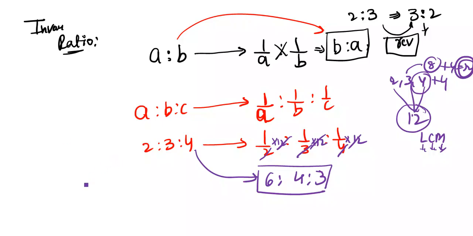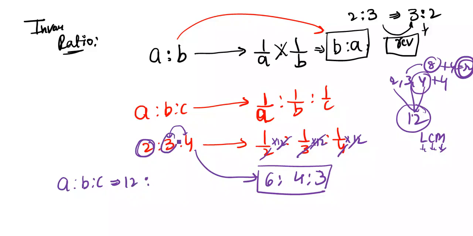Right, listen. So we have to find the inverse ratio of A is to B is to C. If you want to find the A value, multiply the remaining 2 numbers, ignoring A. Close the A, multiply the remaining 2 numbers. 3 4s are 12.